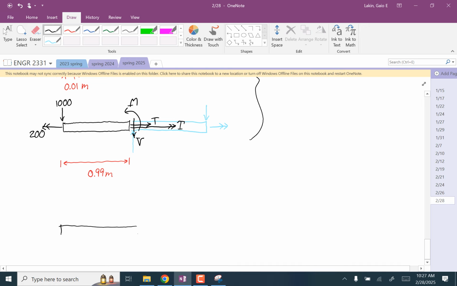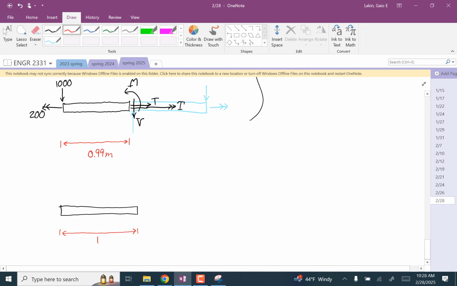So now we're going to do this cut where this length is 1.01 meters. It's not much longer than that. We're ignoring this material. We have the 200 over here, the 1,000 here. But now we've gone far enough that this force appears on our body.